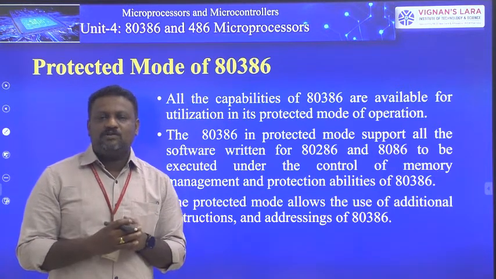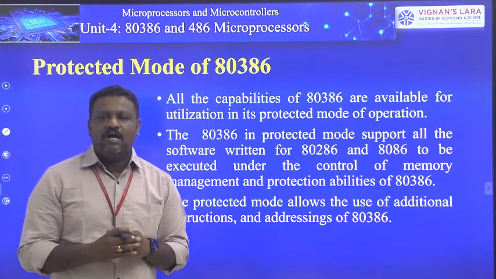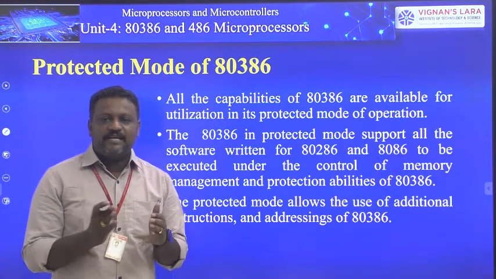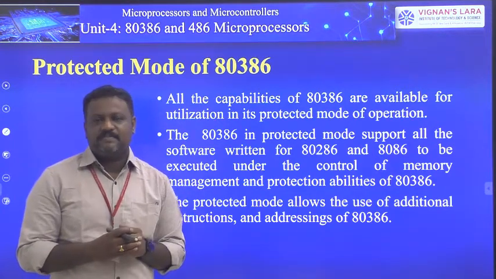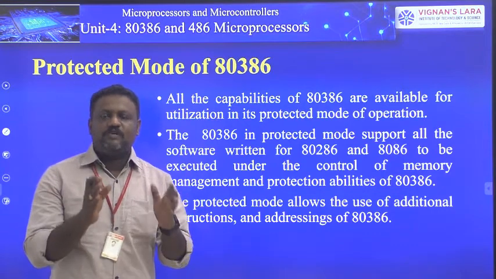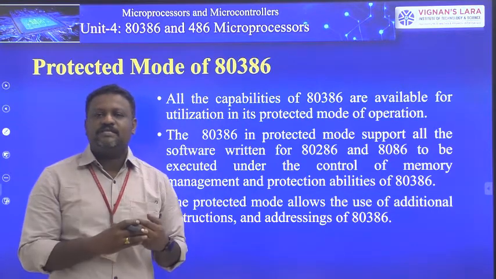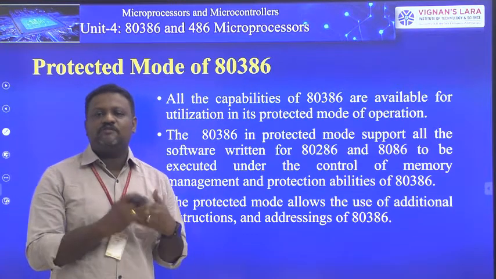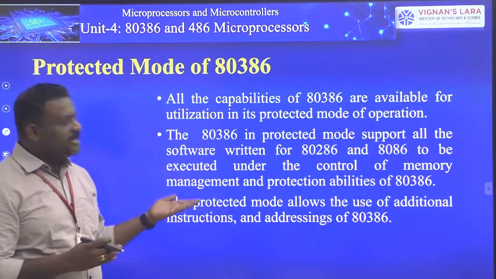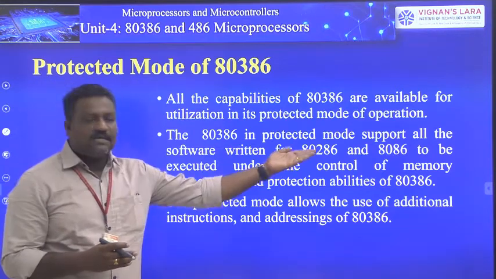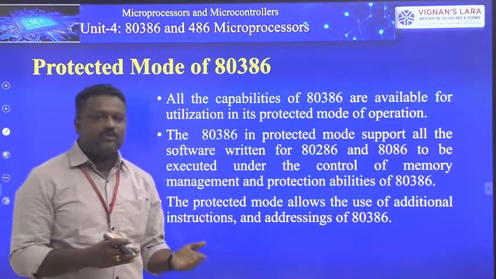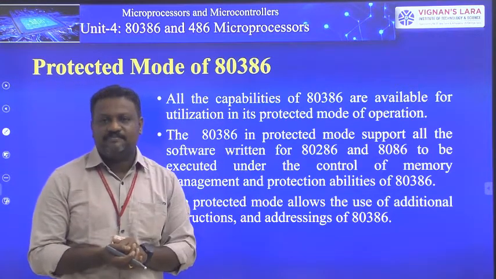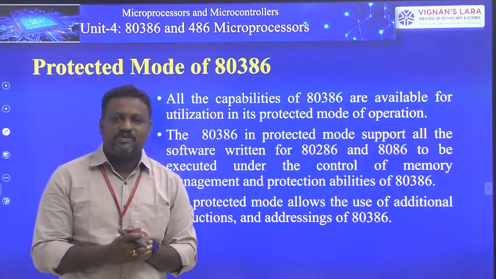In protected mode, the programs we developed for 8086 or 80286 can be executed on 80386 without any modification. But in executing those programs, we get additional features: control of memory management as well as protection abilities.